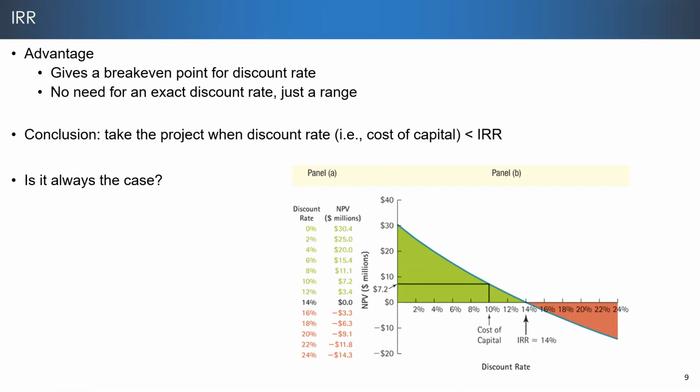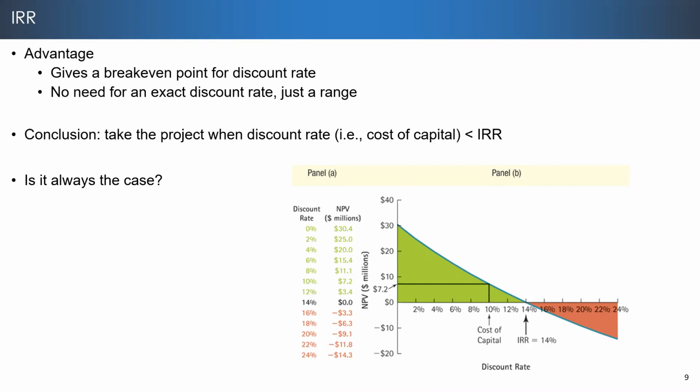So here, remember, the NPV rule requires us to know the exact discount rate that we should apply to discount the future cash flows. We need to know either 10% or 8% so that we can use the net present value rule to find an estimate for the NPV. However, the IRR rule does not require you to have an exact estimate of the discount rate.